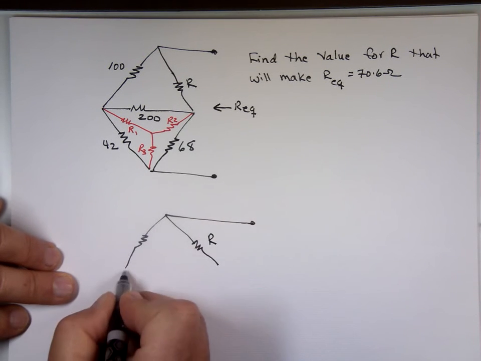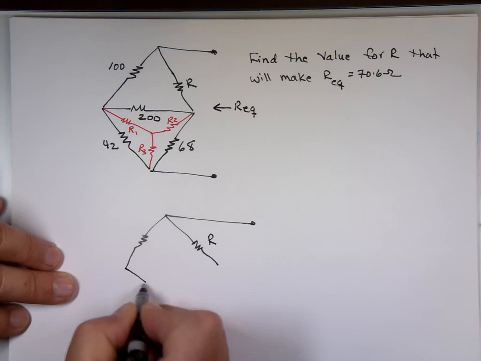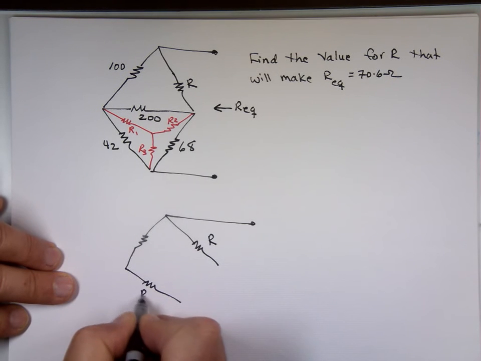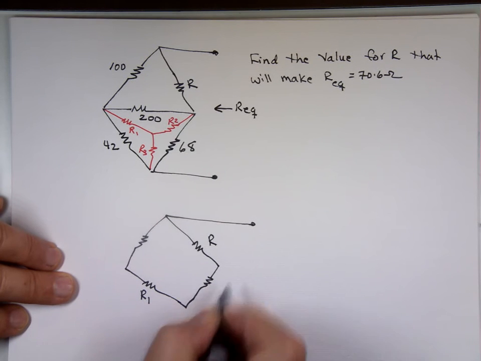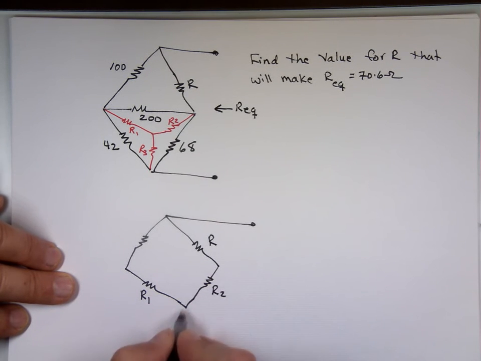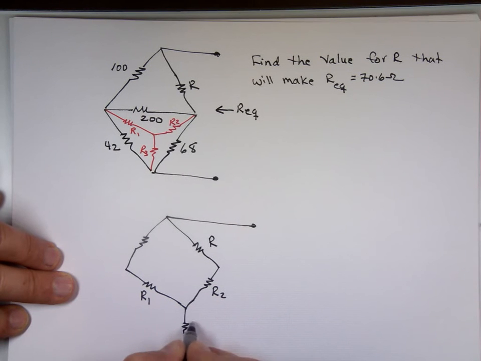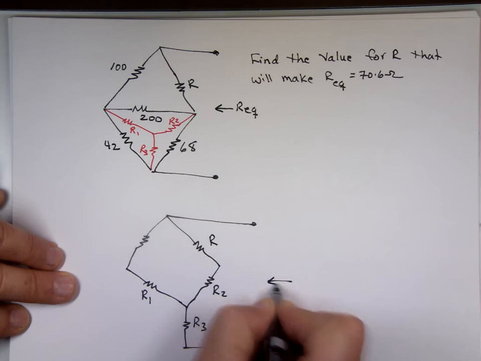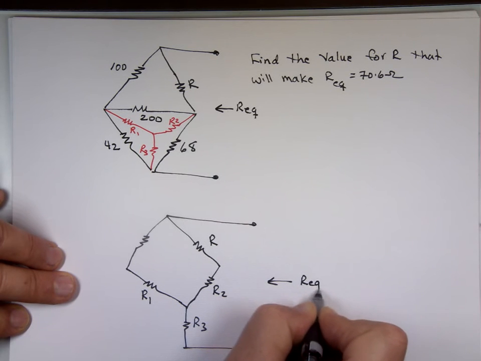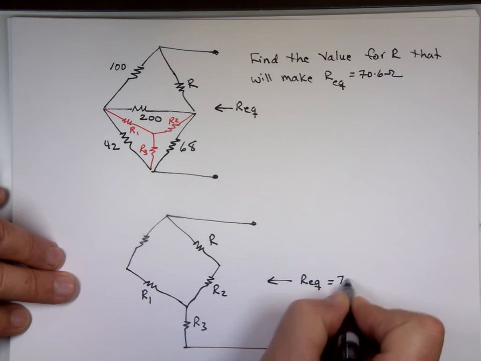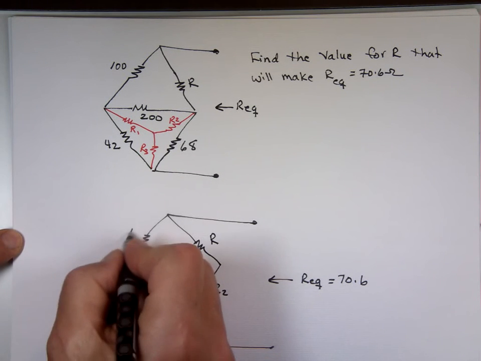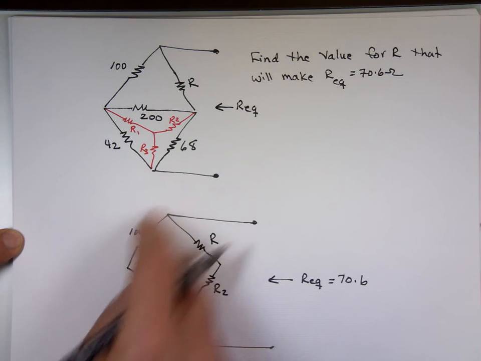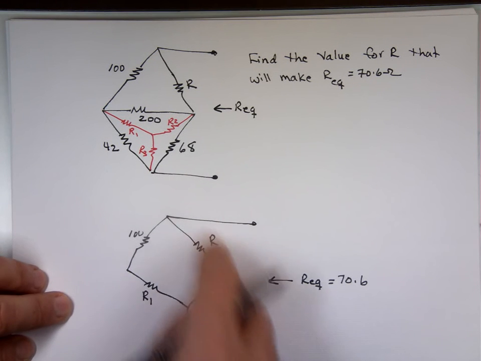And now the Y values will be R1, R2 based on my picture, R3, and that will be R equivalent. And I want that to be 70.6. I should be able to combine these two because they're connected in series.